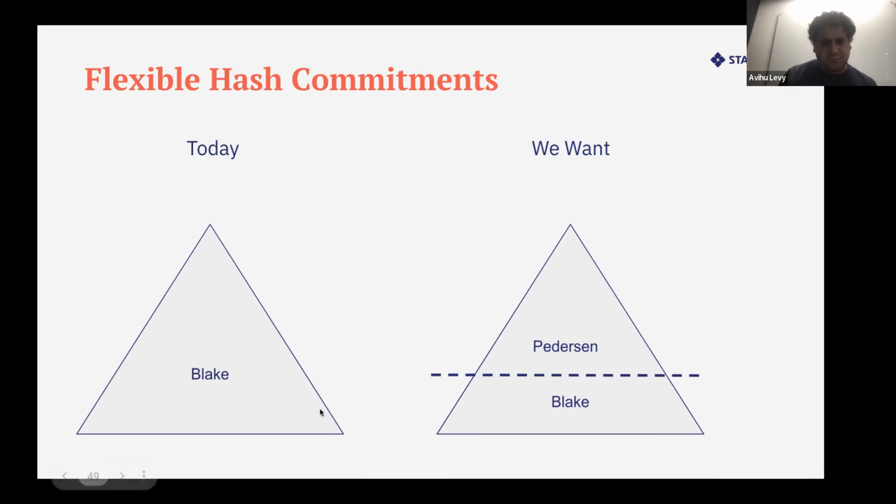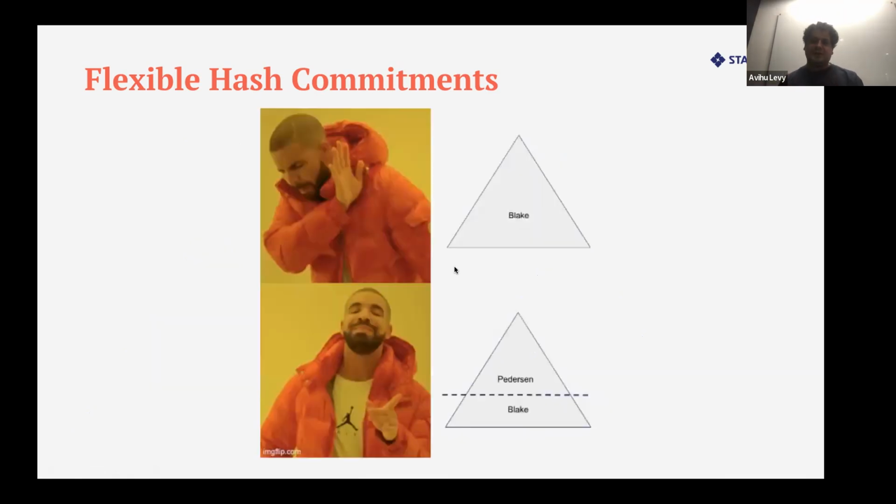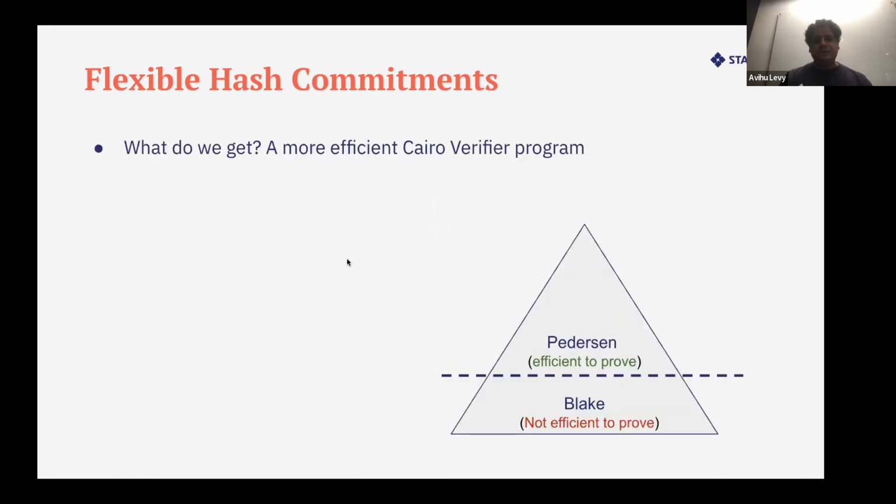And today, to generate this Merkle tree commitment, we use the Blake hash function. And I'm going to try to convince you that this construction on the right will be more efficient. So basically, in simpler words, we have this and we want this, and I'm going to explain why.